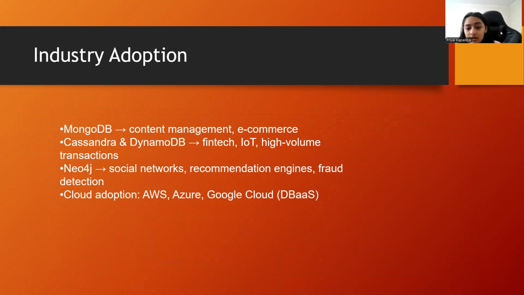Netflix runs on Cassandra. I have posted a whole case study on Netflix in the report file as well. And LinkedIn uses graph databases to power its recommendations engine. These examples show how different NoSQL models are applied in practice. Let's move to the next slide.